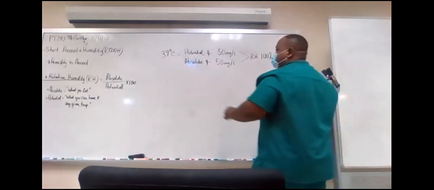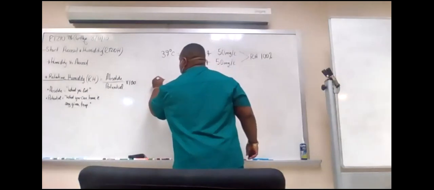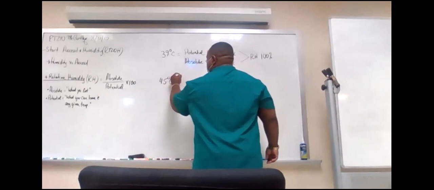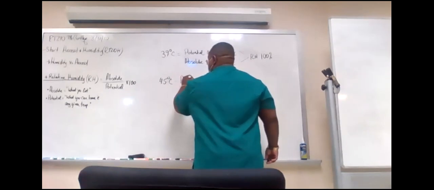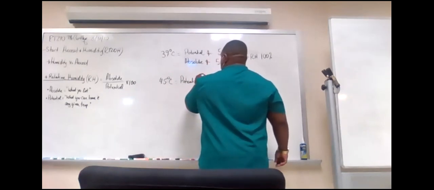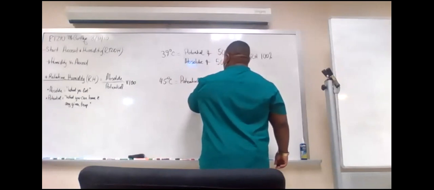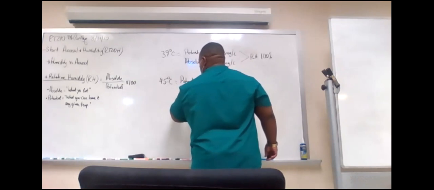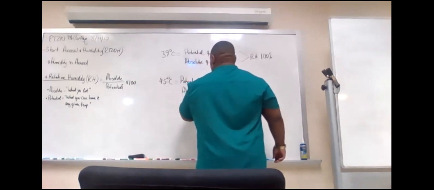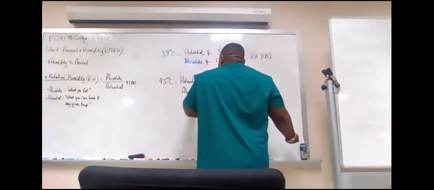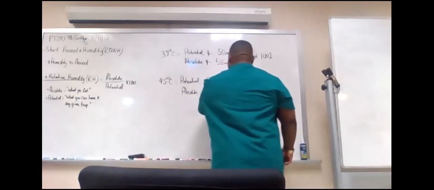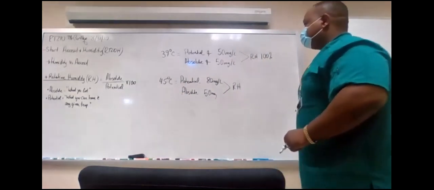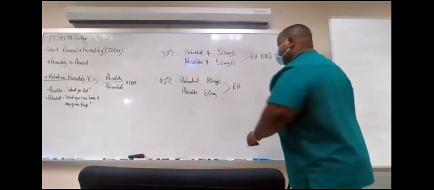100%. Well, if the temperature goes up to, let's say, 45 degrees Celsius, the potential now is 80 milligrams per liter, but the absolute is still 50. It's still holding 50 at that time. So what is the relative humidity now? 62%.